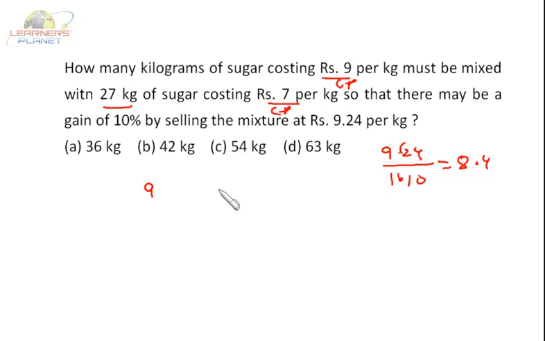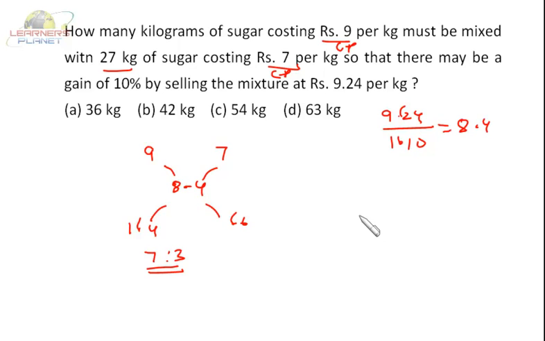Now it's 9, it's 7, and the mean value, or we can say the mean cost price, is 8.4. So it's 0.6, it is 1.4. So the ratio of these two is 7:3. Now since we are given 27 kilograms of sugar costing rupees 7, that means this 3 represents 27.